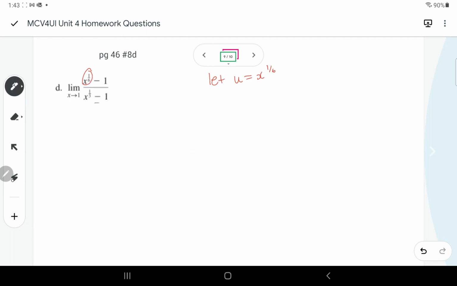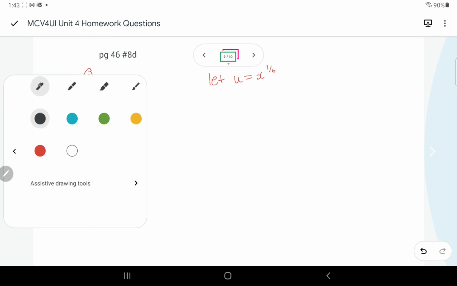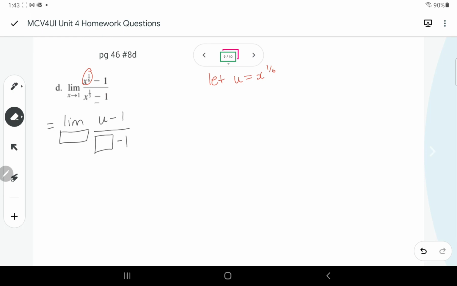So then I'm going to have all of the same pieces, but I'm going to leave some blank. So the limit, I don't know what's happening down there, but I'll have u minus 1 on top. And on the bottom, I don't know what's happening to my x to the 1/3 minus 1. So remember that we have to go through all of the steps of replacing each part. I wouldn't actually write these boxes.